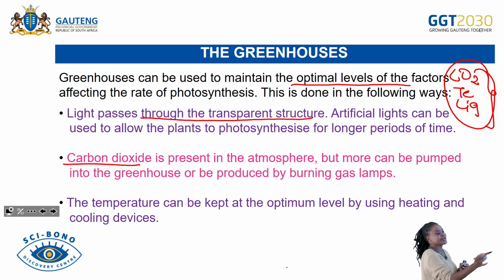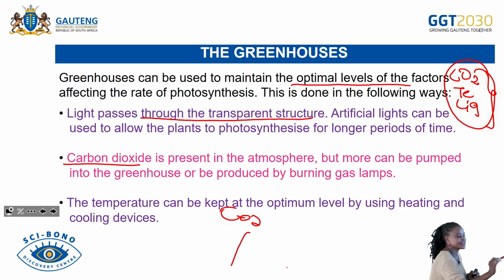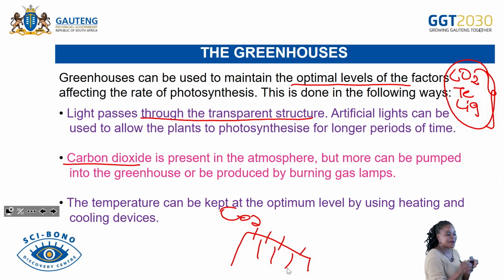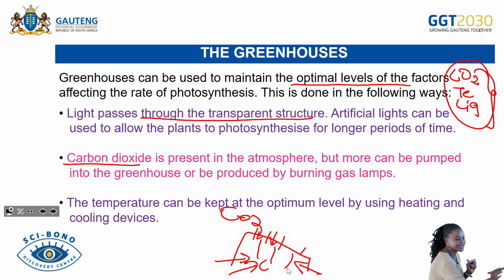Now, what is happening? Remember, in the atmosphere we have our carbon dioxide. And if this is our greenhouse, through the pores, carbon dioxide can pass through. However, much of carbon dioxide can be pumped into the greenhouse.